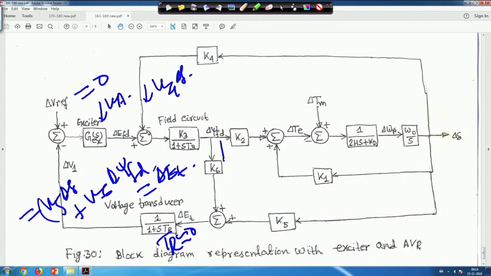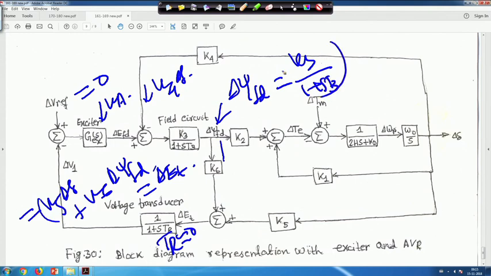So, it will basically be minus k a into k 5 delta delta plus k 6 delta psi f d, bracket close, then again minus k 4 delta delta, into k 3 upon 1 plus S T 3, is equal to delta psi f d. So, if you look into that, how will delta psi f d look for this case? It will be k 3 upon 1 plus S T 3 times this term, right.